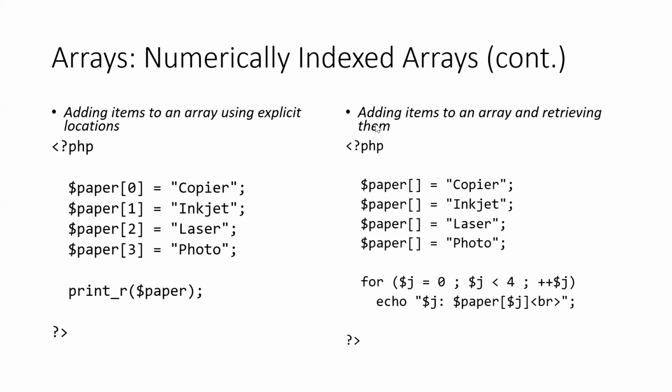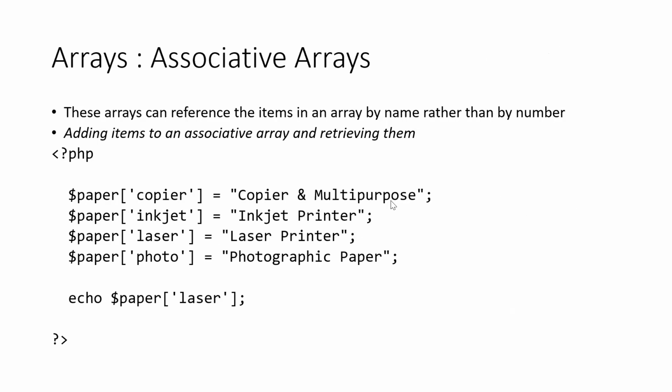And the second one is, you can see these indexes are empty, which means basically you add them and then you can simply retrieve them. Now, like in dictionaries, we can have associative arrays in PHP. Instead of using a numerical index, we can use keys and values.